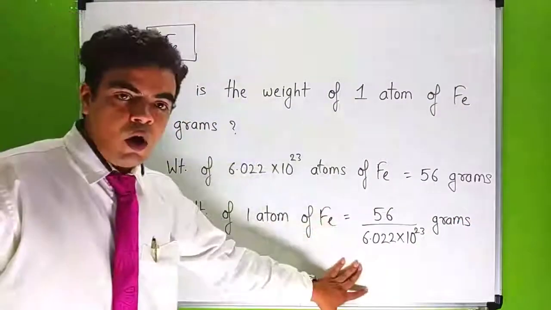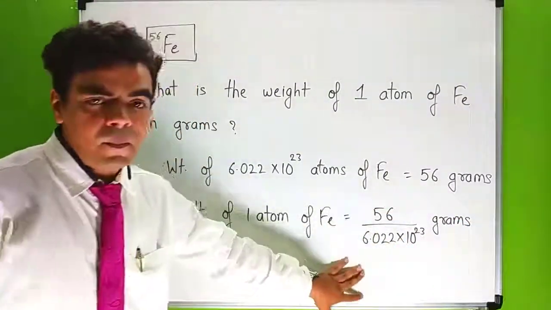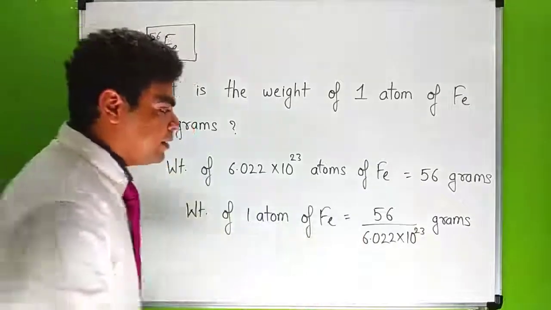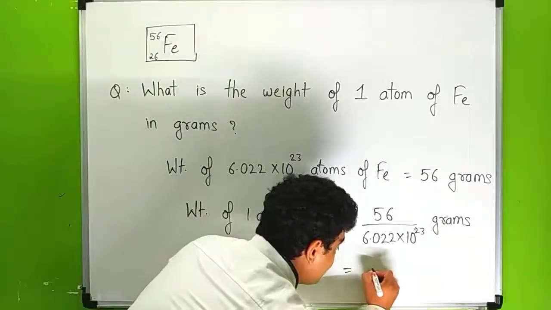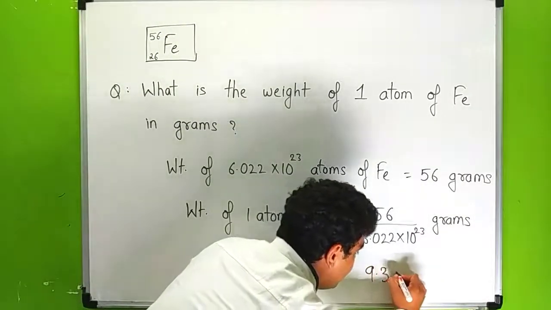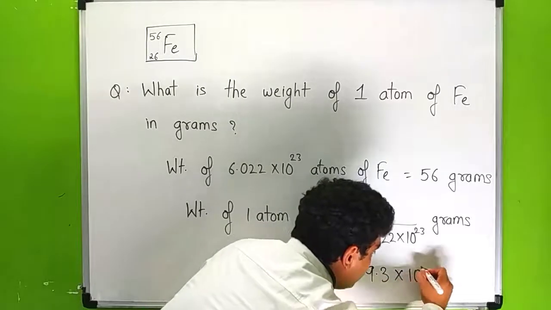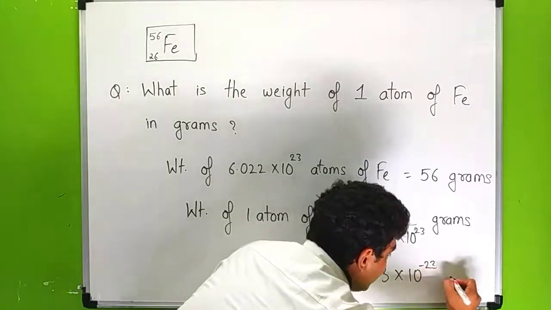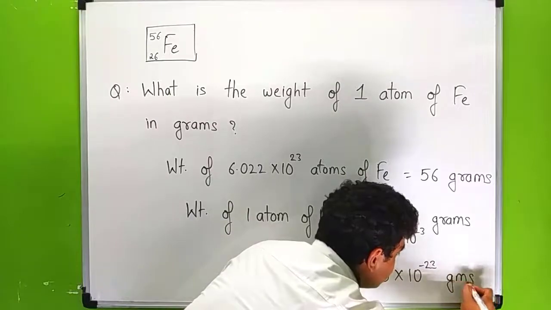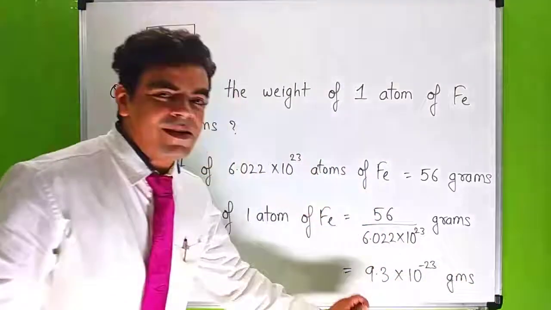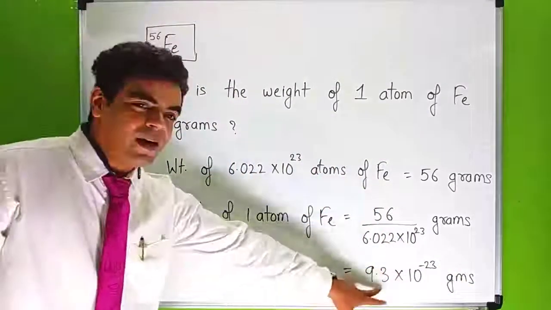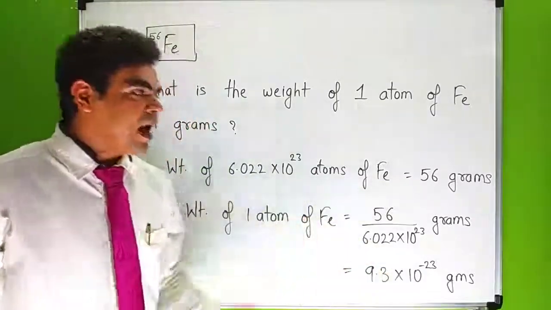If we solve this number, we get 9.3 into 10 to the power minus 23 grams. So this is the weight of one atom of iron in grams.